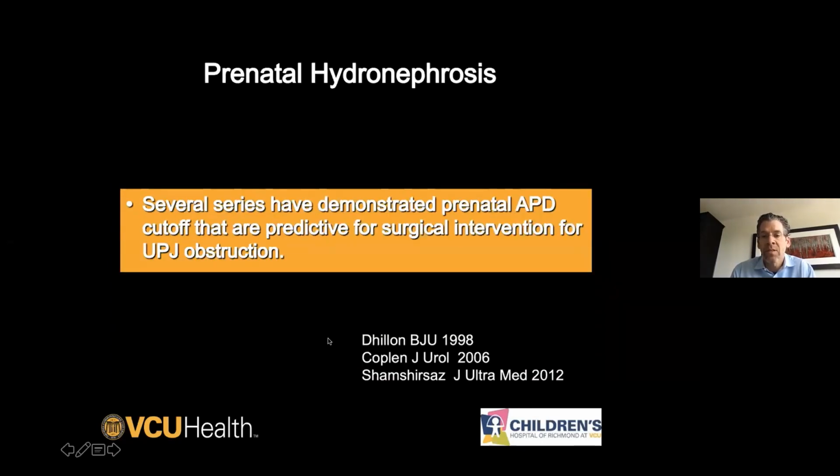So since then, several studies have looked at, well, what's the target range of APD dilation that's reasonable sensitivity and specificity? These studies here are the Dillon study. Doug Copeland looked at this, and Dr. Shamiraz looked at this as well. And they found that 15 millimeters was a reasonable value postnatally.